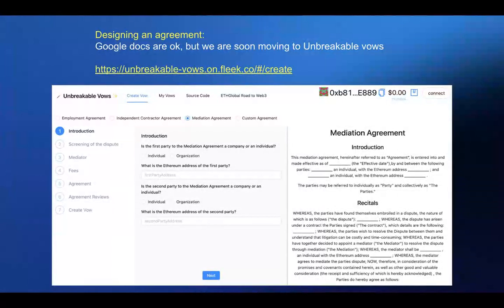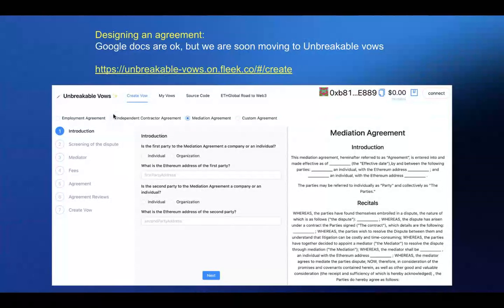That means that if I make a mediation agreement with someone, only that person and I would be able to access it, unless one of us intentionally makes it public because there's a dispute on the agreement. So yeah, this is a really cool project.